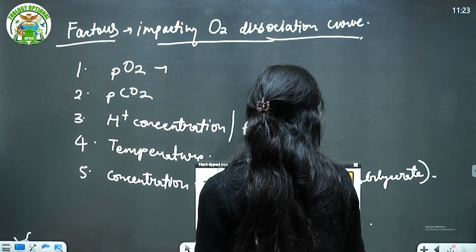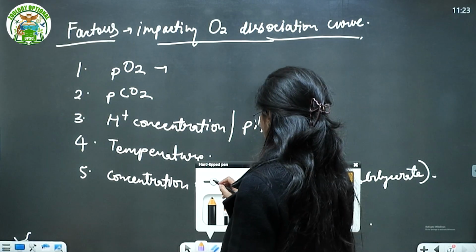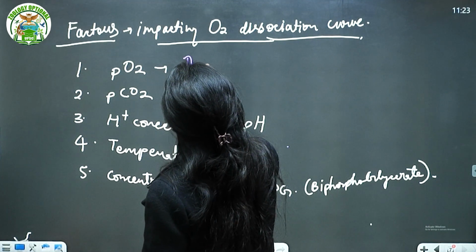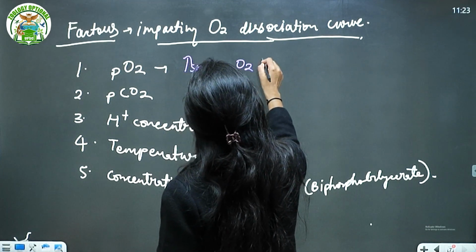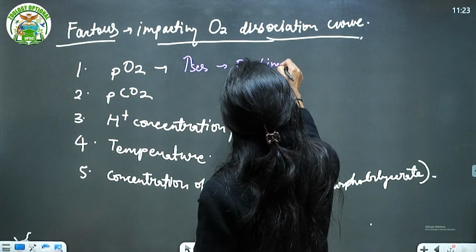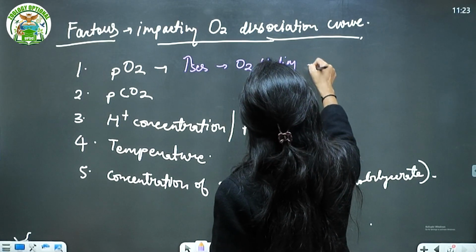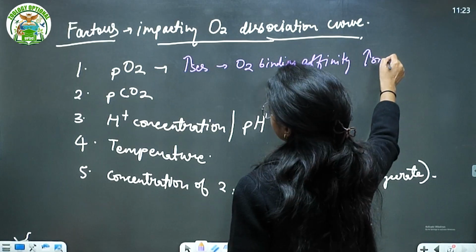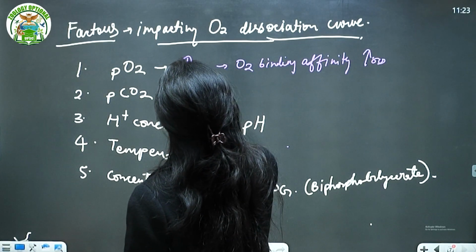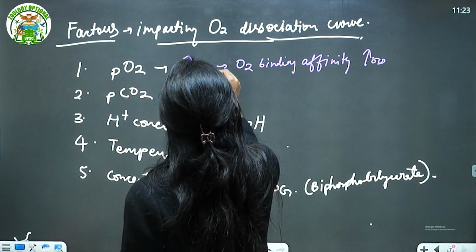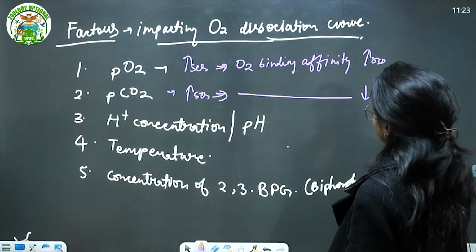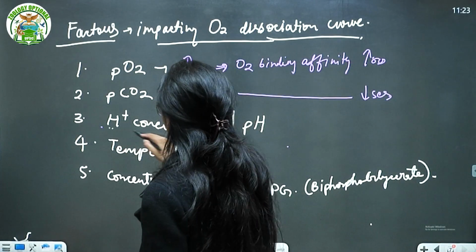We talk like that also: binding affinity increases, right? If PCO2 increases, what will happen? The oxygen binding affinity decreases. Okay. So here something is very important.